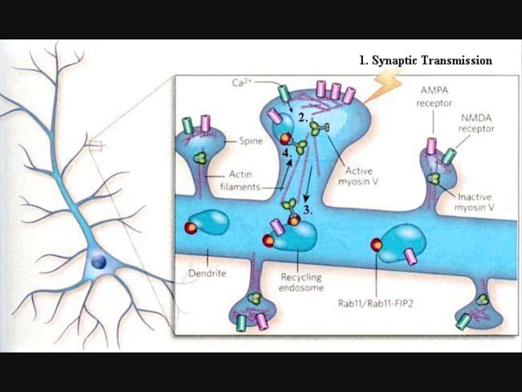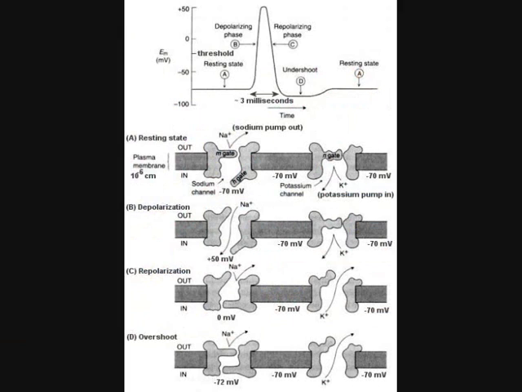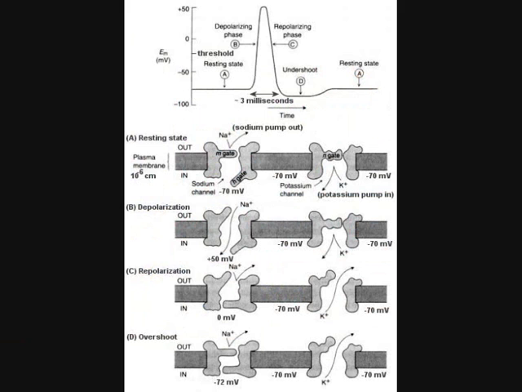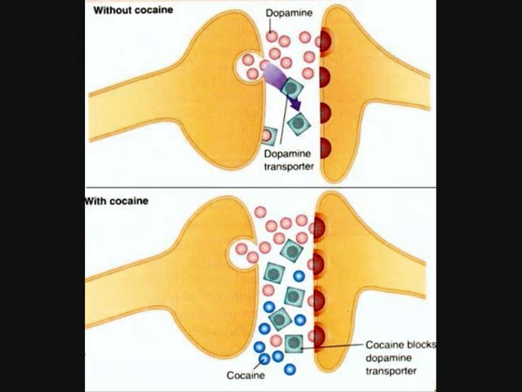This is a picture to show how synaptic transmission occurs, so there are certain synapses, and in the resting state how the sodium pump acts, in the depolarization state how it happens, and then repolarization. This goes on happening, and it is this synaptic transmission which produces the neuronal transmission.